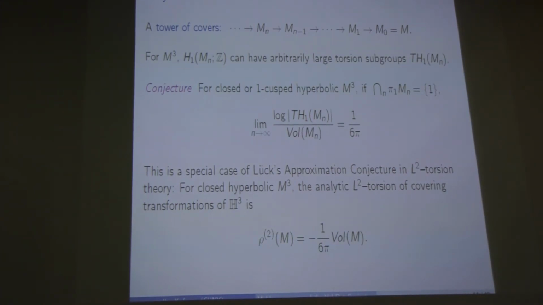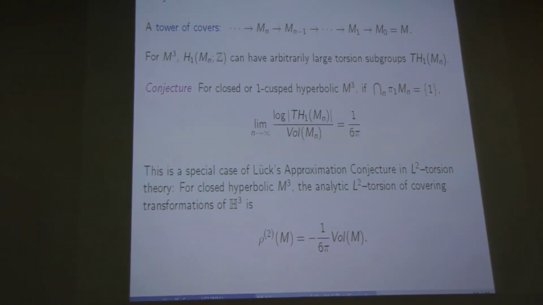Okay, finally, what I want to do is try to suggest a reason why 2 pi keeps appearing everywhere in my talk, right? So a tower of covers is given by a sequence of finite covers. For any hyperbolic three-manifold, the first homology can have arbitrarily large torsion subgroups.